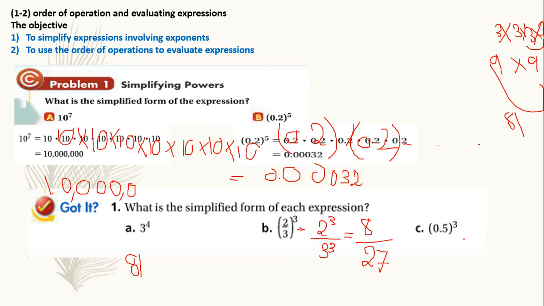The last one, 0.5 times 0.5 times 0.5 will give you 0.125. So the basic idea is really easy. Keep in mind you can distribute the power to the numerator and the denominator if you have division or multiplication. If you don't have division or multiplication, I will give you more details in the coming lessons.